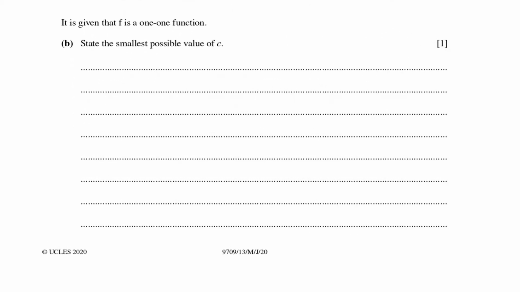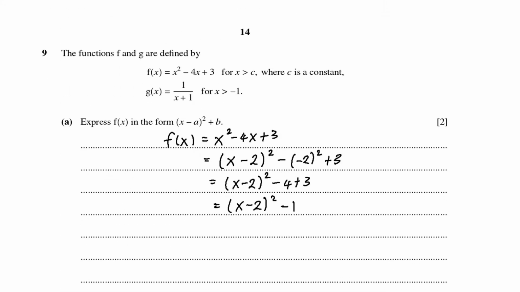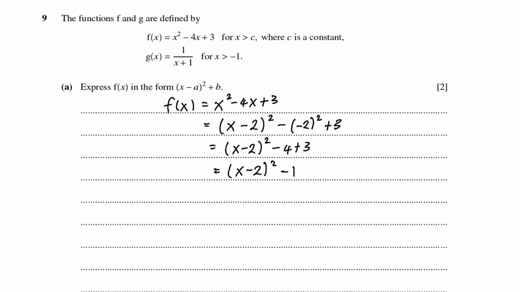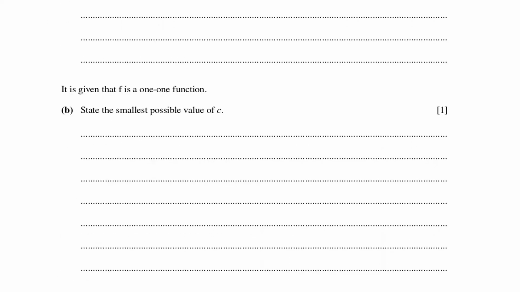It is given that f is a 1-to-1 function. State the smallest possible value of c. Now, you can notice that the domain is x greater than c. And we know already that this is a quadratic curve, a parabola, and it's a U-shaped parabola. And the domain is x greater than c.